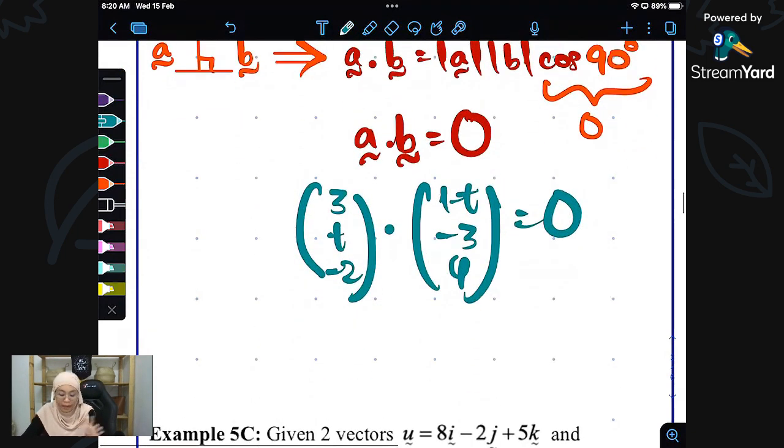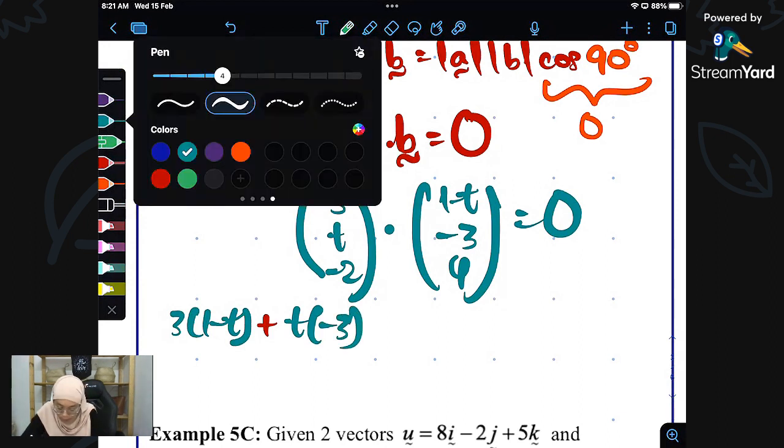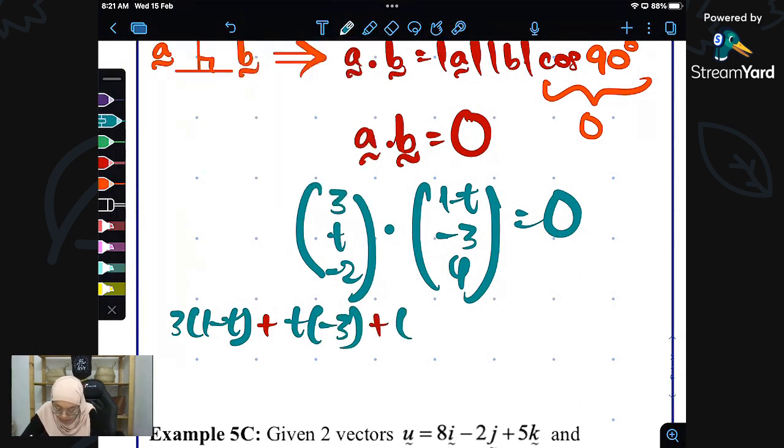So macam biasa, pakai formula yang sama, which is formula 3 times 1 minus t and then plus t, let me write down in red, plus with t times negative 3 and then plus with negative 2 times with 4 equal to 0.